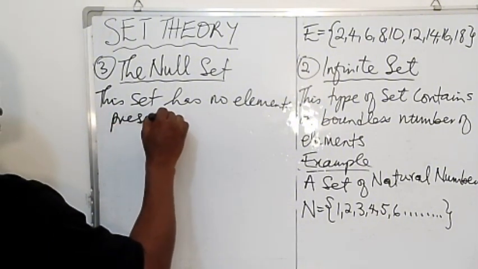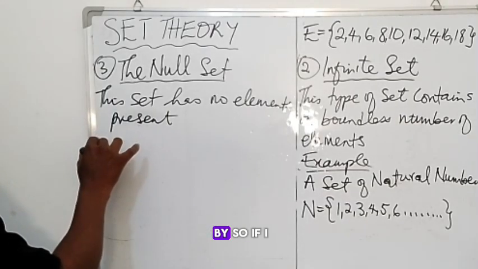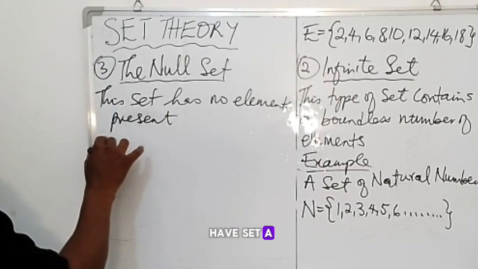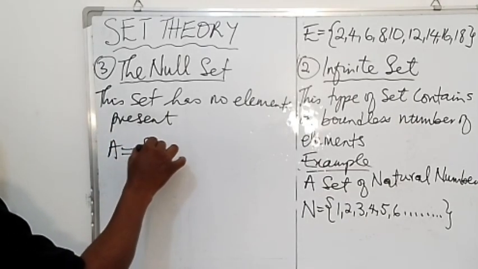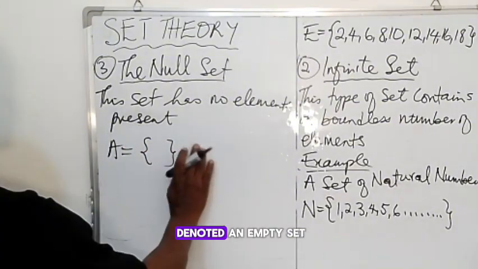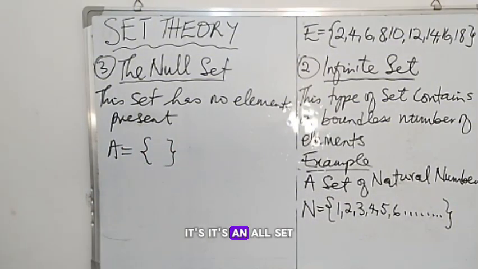This set is denoted by, so if I have set A, this is how it's denoted. An empty set. It's a null set. It has no element inside.